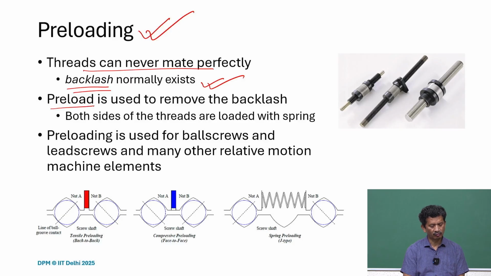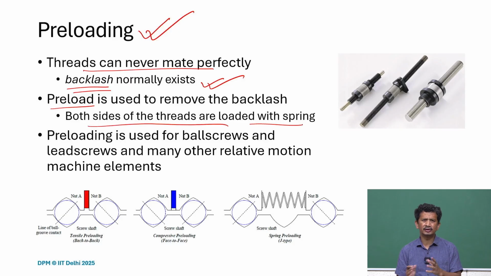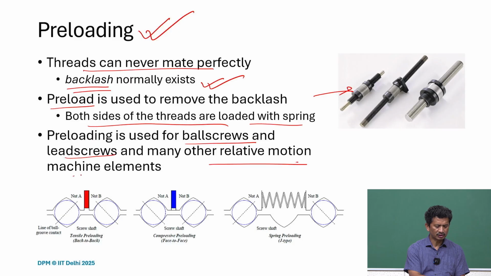Preloading is mainly achieved using some kind of spring. So some examples you see: you split the nut and then preload them. Preloading is used for ball screws, lead screws and many other relative motion machine elements.